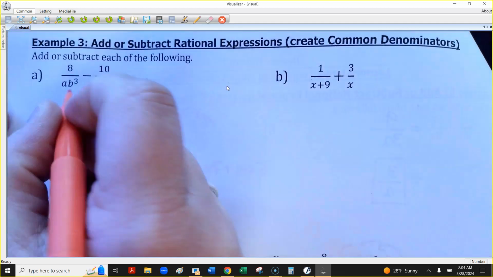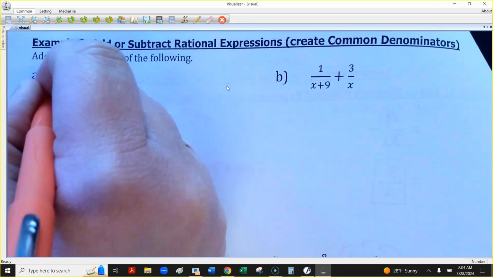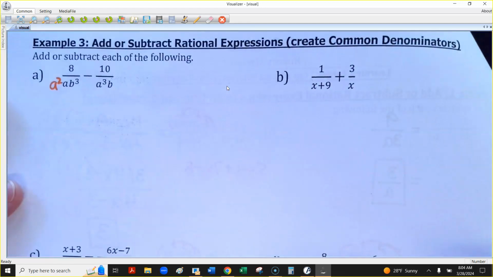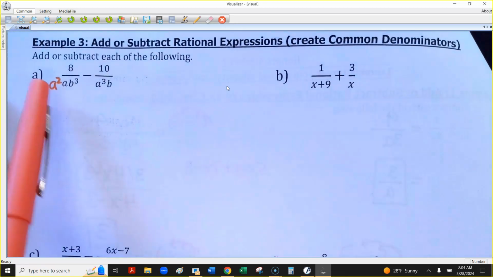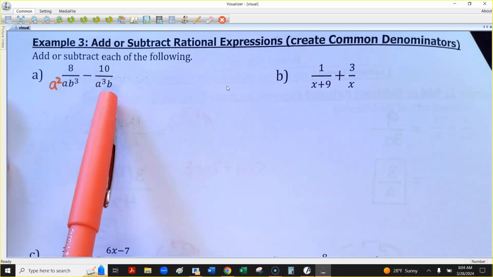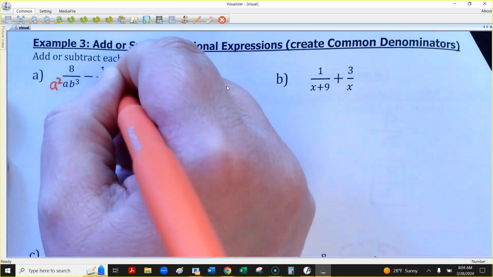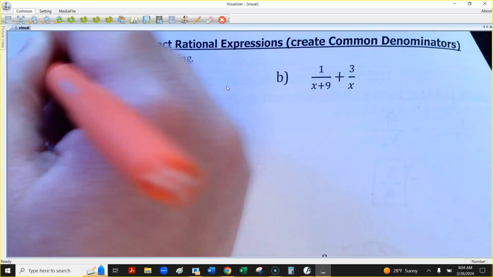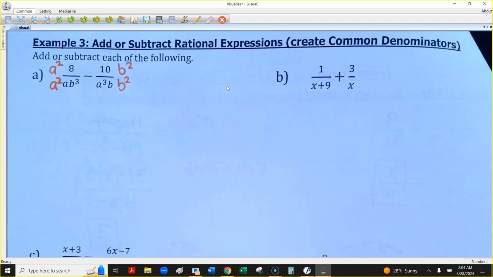Okay, this one has a to the third. So this needs 2 more a's. Okay, now this one has b to the third. What would you have to multiply this part of the problem by? B squared. It's the same thing. Okay, now, whatever you do to the bottom, you have to do exactly the same thing to the top. We're just multiplying here.